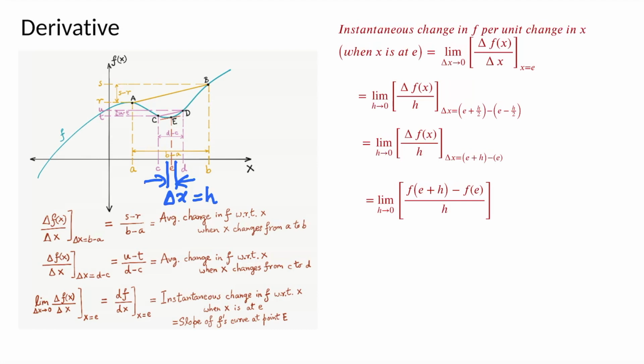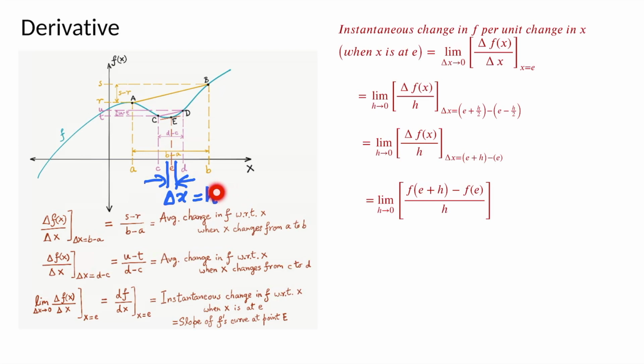What would be the rate of change of f with respect to the rate of change of x? That would be delta f divided by h, where h is delta x here, and take the limit of that as h tends to 0. This is how we have defined the slope of the tangent at x equal to E, which is the derivative of f with respect to x at this point x equal to E. Since this interval delta x equal to h tends to 0, it is infinitesimally small.